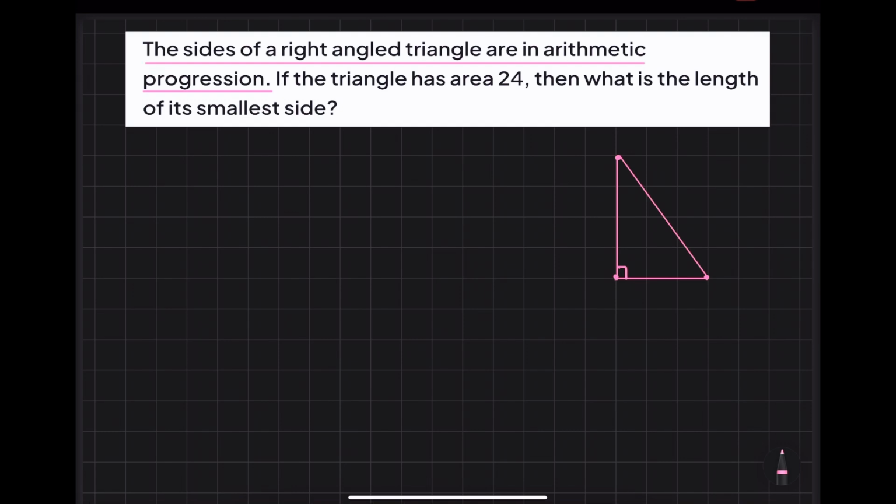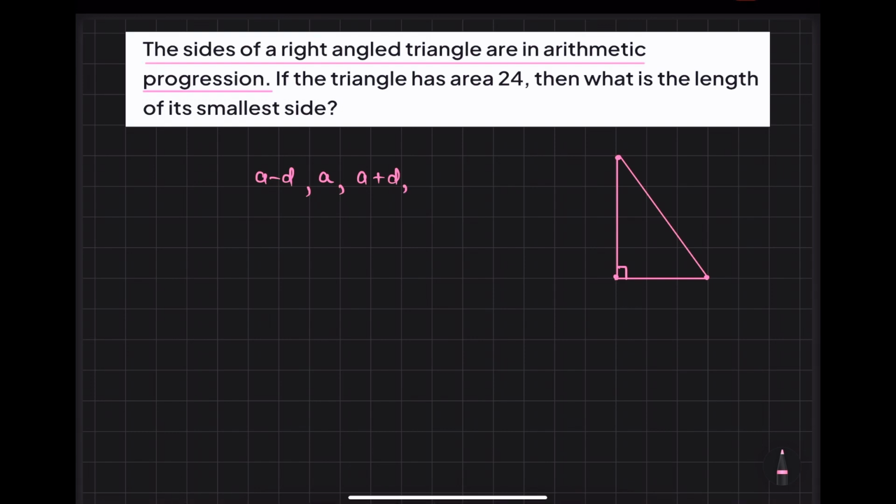So how will you proceed? You will start from a, and then you have to write a plus d as the next element and a minus d as the previous element. So this is three terms.